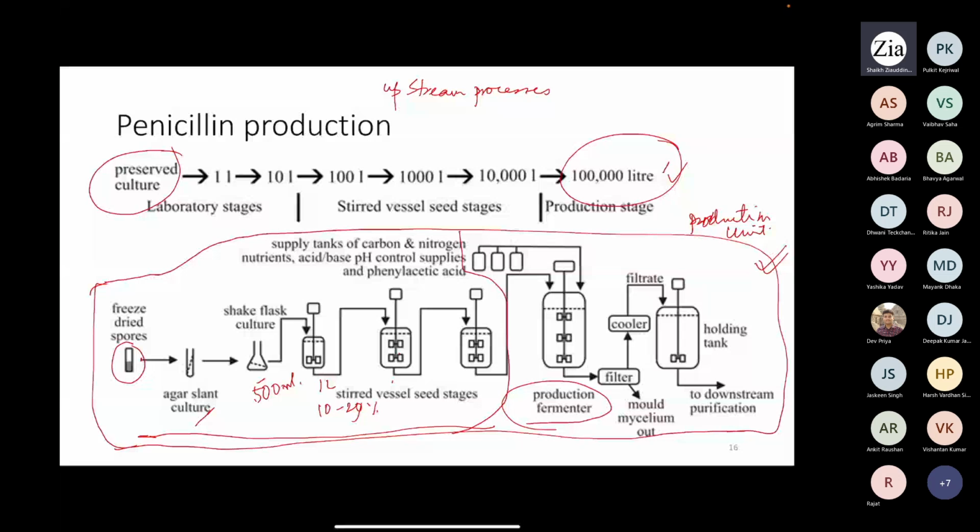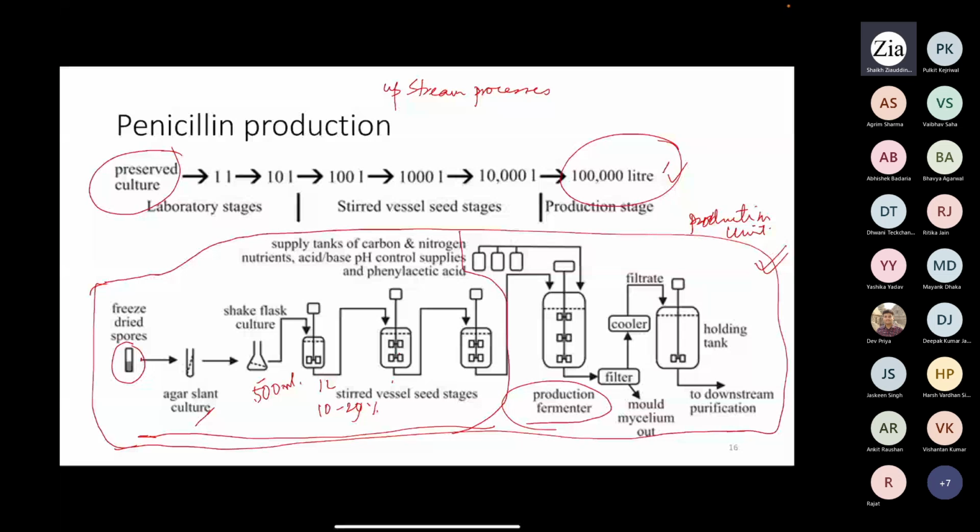Upstream and downstream are just before and after the production process. So the heart of this particular bioprocess system is your production process.